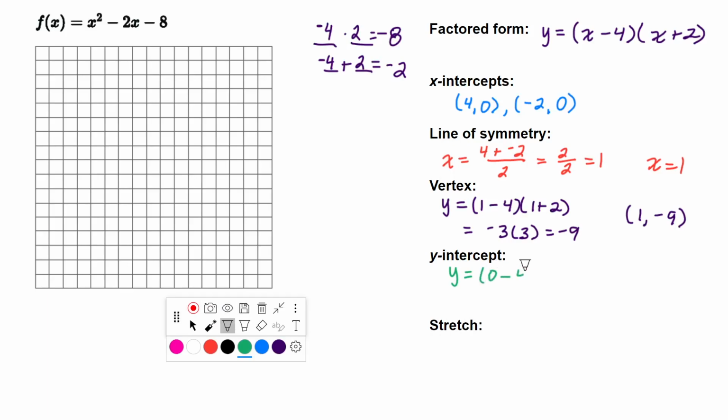So 0 minus 4 times 0 plus 2 will be negative 4 times positive 2, which is negative 8. So the ordered pair for that y-intercept is (0, negative 8). And when I look at my equation, there's no a value, so there's not going to be any stretch.